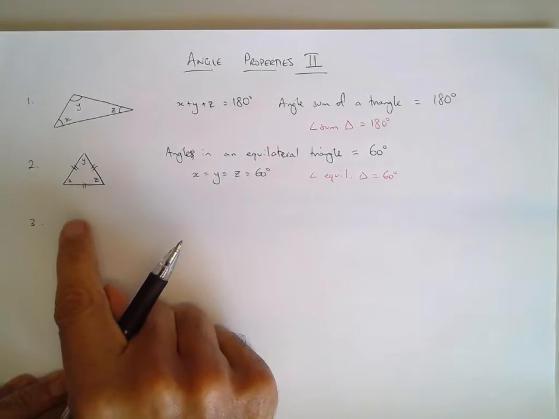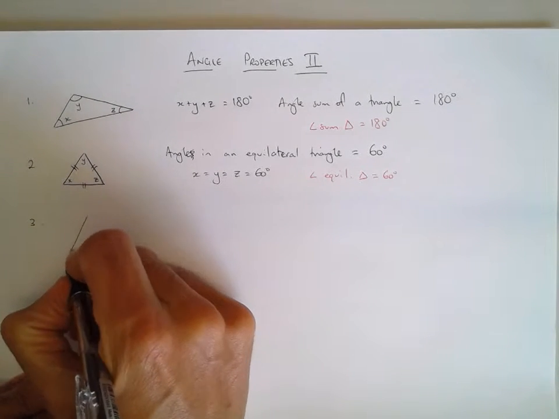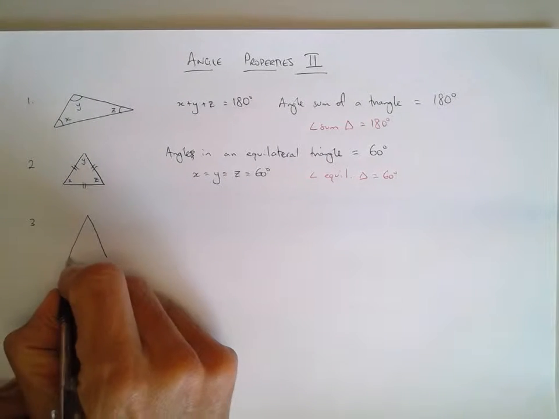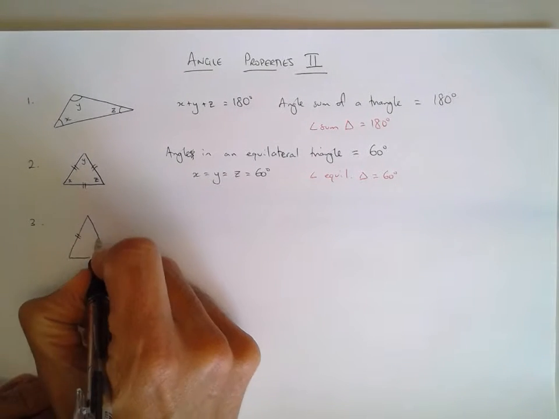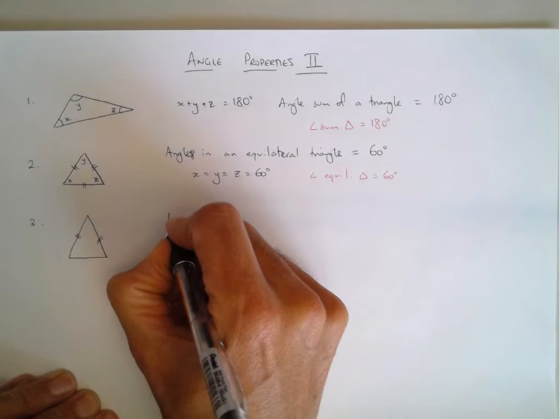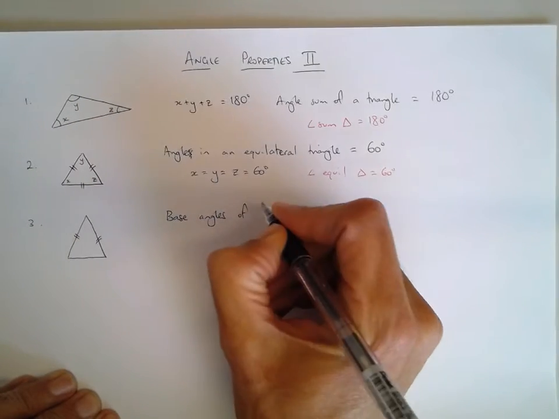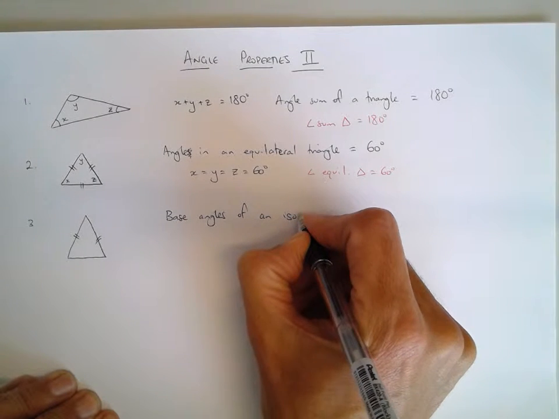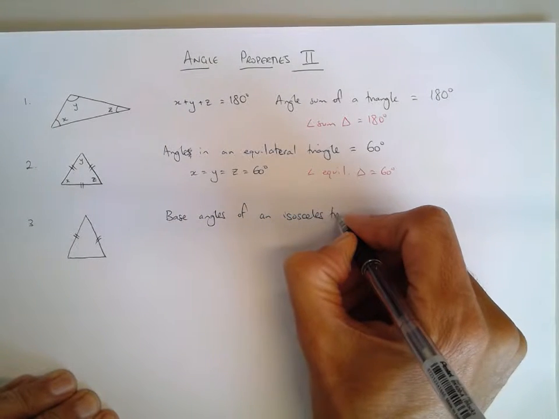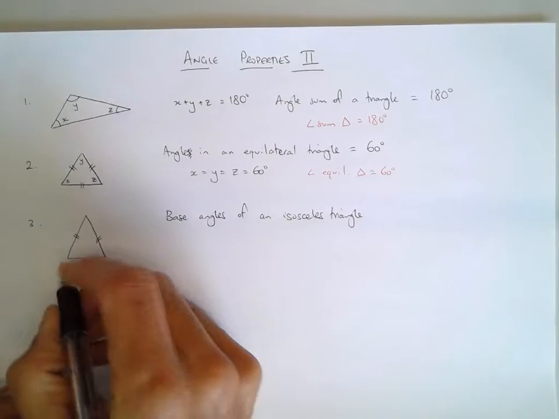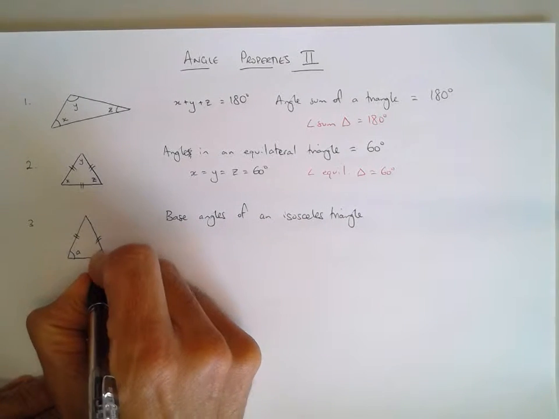Bit similar to the equilateral triangle, but if I have an isosceles triangle, so two sides are the same length, we talk about the base angles of an isosceles triangle. So here we could have the angles, let's call them A and B this time.